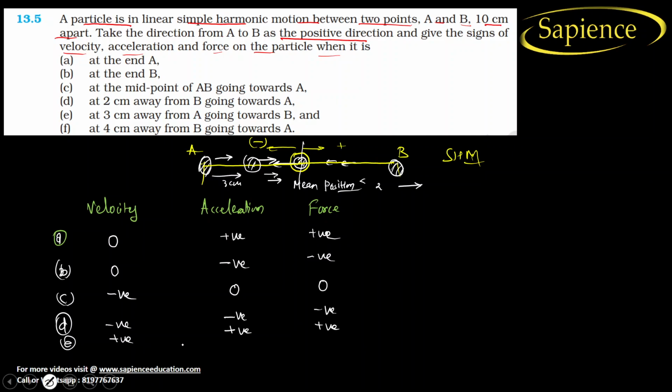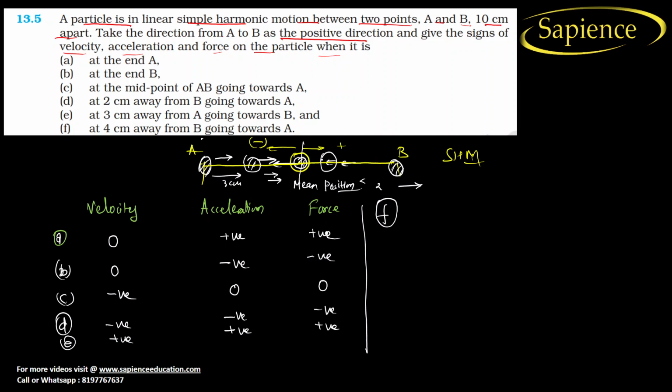Okay. Now let us go for situation F. In situation F, it is 4 centimeter away from B going toward A. Since it is 5 centimeter, 4 centimeter will definitely be at this point. See here, the distance between them is how much? 10. So this distance is 5.